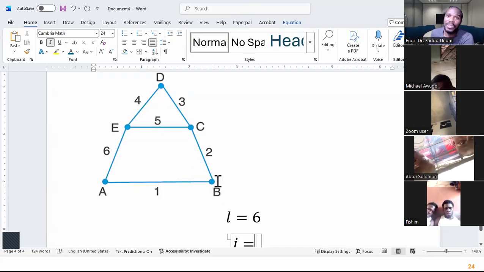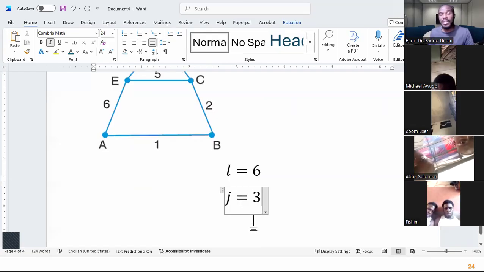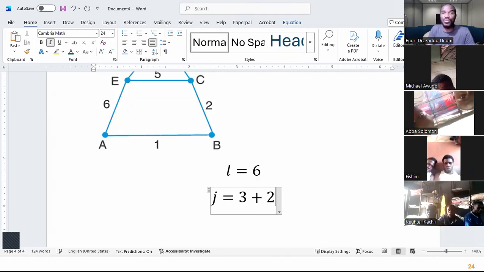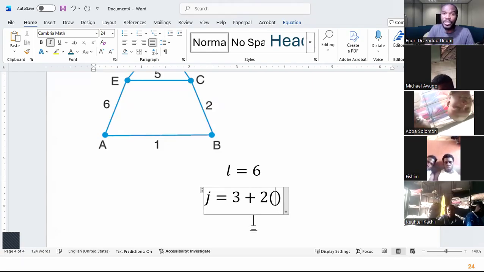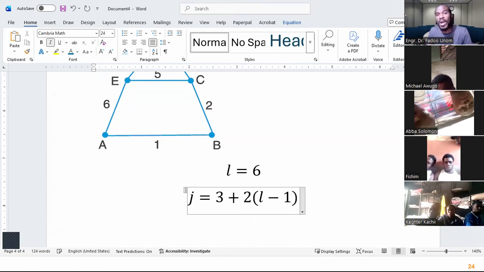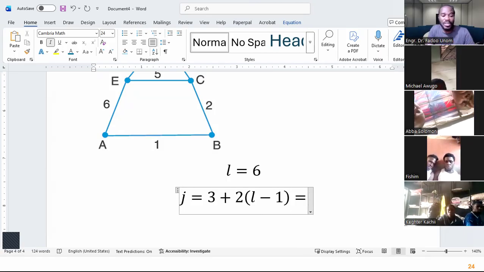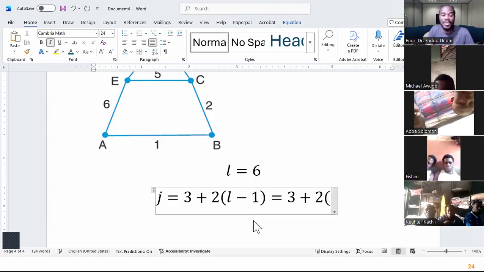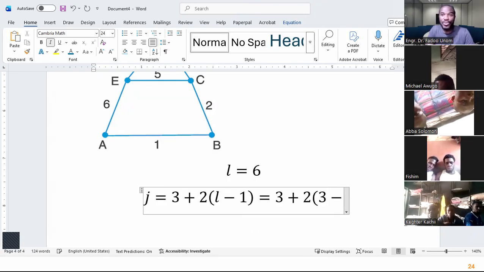From our counting, there are 3 binary joints already, but we have 2 ternary joints, right? Ternary means 3 links are joined to it. And if there are 3 links, the number of links connected at that joint minus 1 will give us the number of binary joints, right? So this is going to be 3 plus 2 times 3 minus 1.